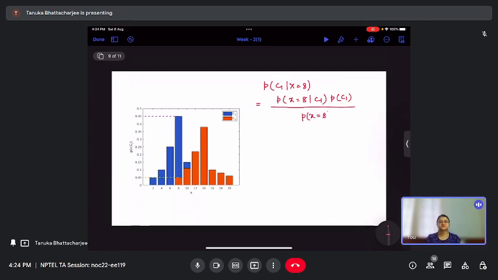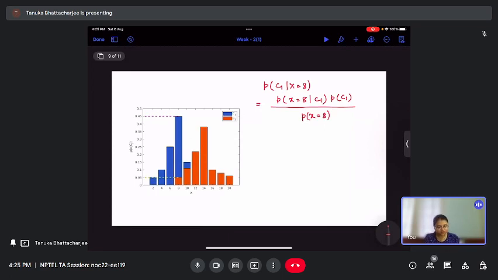This is basically following the Bayes theorem. You can write the conditional probability as this. The numerator is the joint probability of C1 and x equal to 8, and the denominator is the probability of x equal to 8. So, it gives the conditional probability of C1 given x equal to 8.